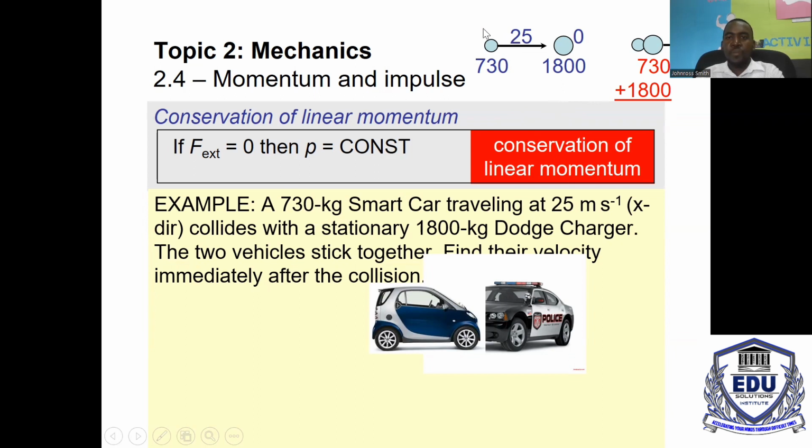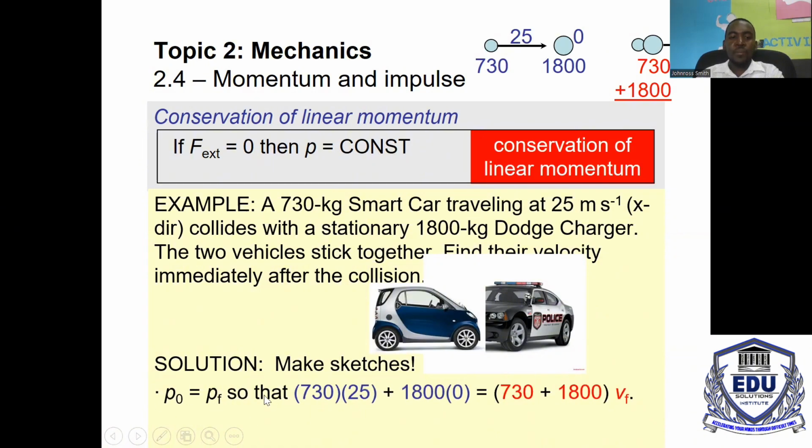Based on the diagram at the top, the 730 kilograms is moving at 25 meters per second, to the right because it's a positive velocity. The 1800 kilogram car was stationary before collision. After collision, we add their masses because they're moving as one unit with a velocity v.